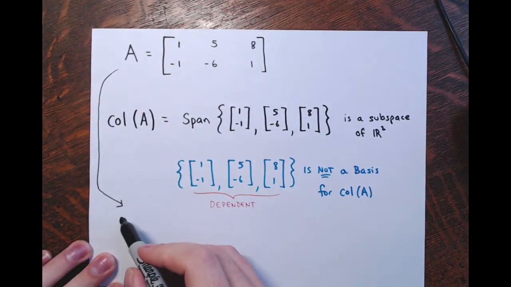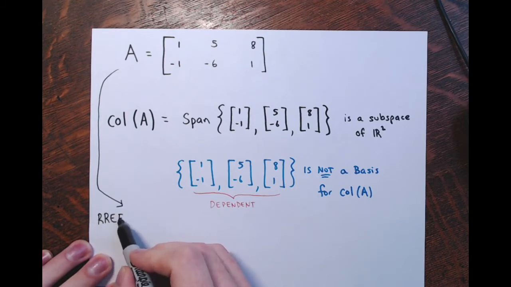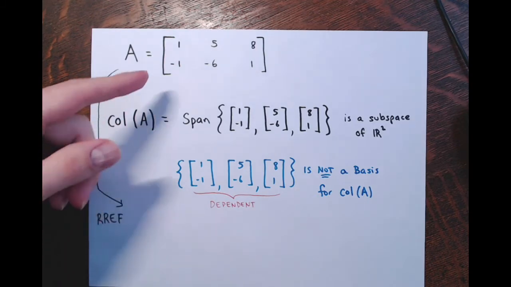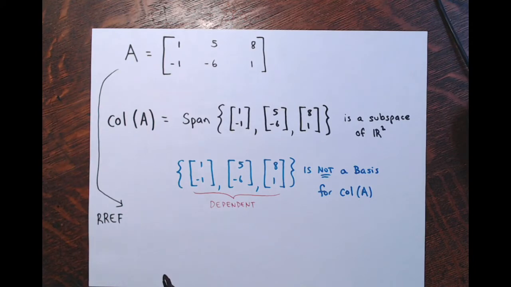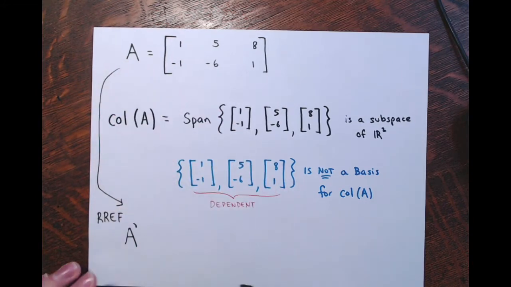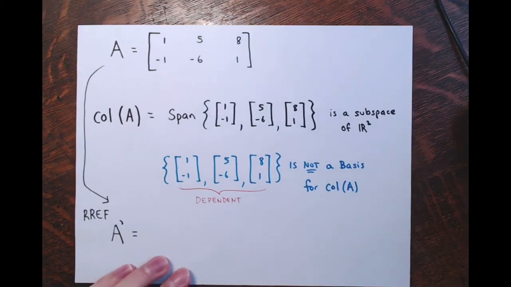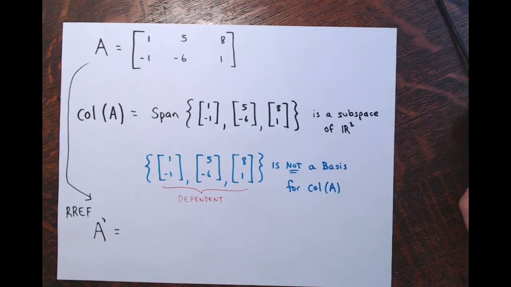Okay, so I put this into reduced row echelon form, which, there's only 2 rows here, so probably wouldn't take that long to do by hand. But I'm going to call this A prime, just so you know it's not the same matrix, or you could call it R or something. I'll just have the calculator do it for me real quick, so I'll come back when I have that.